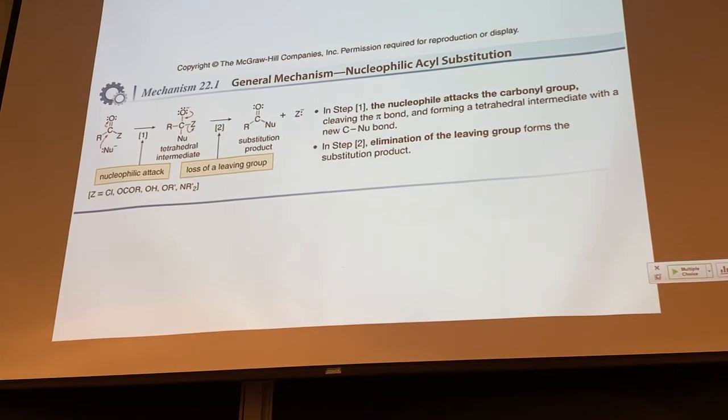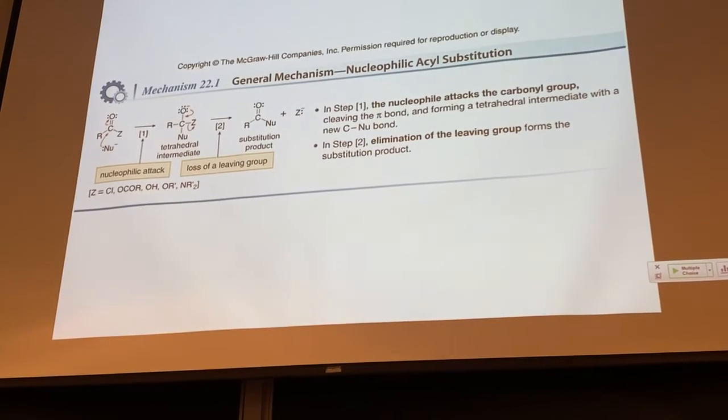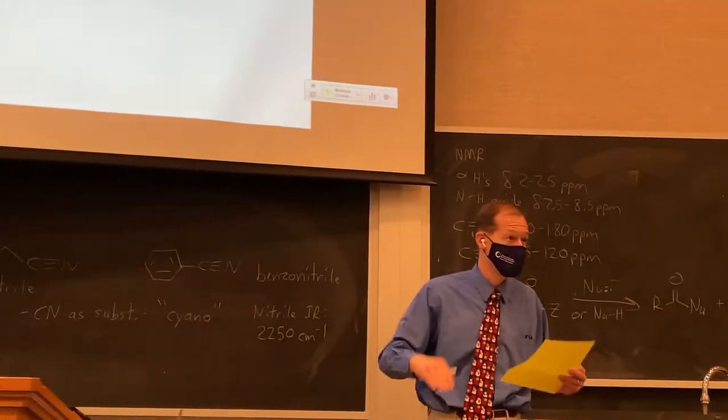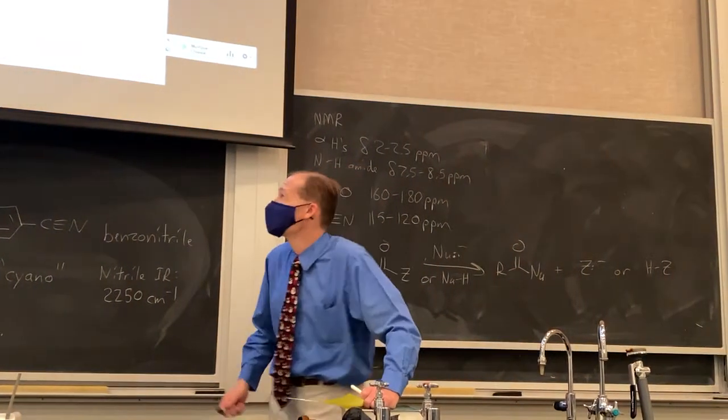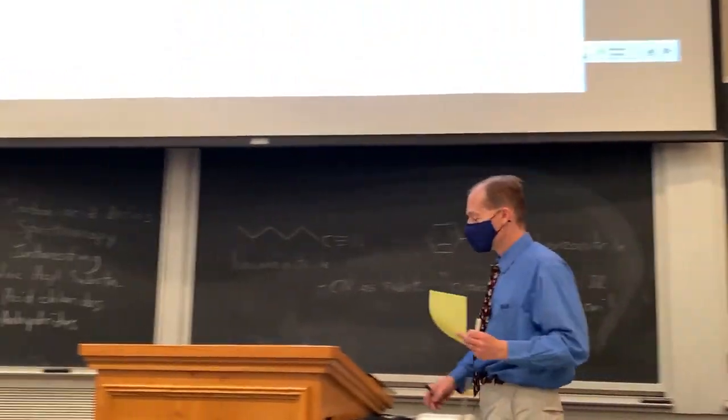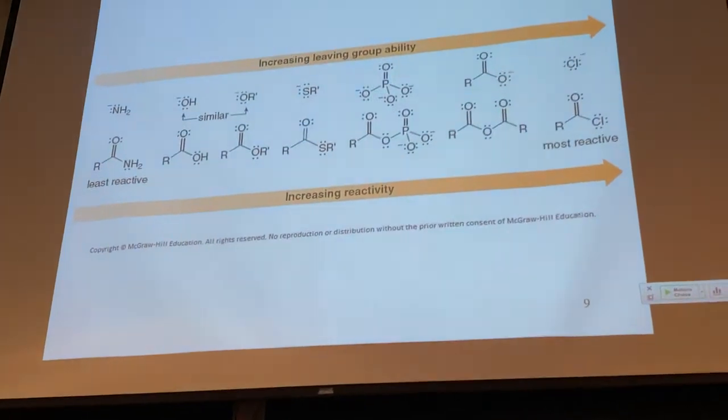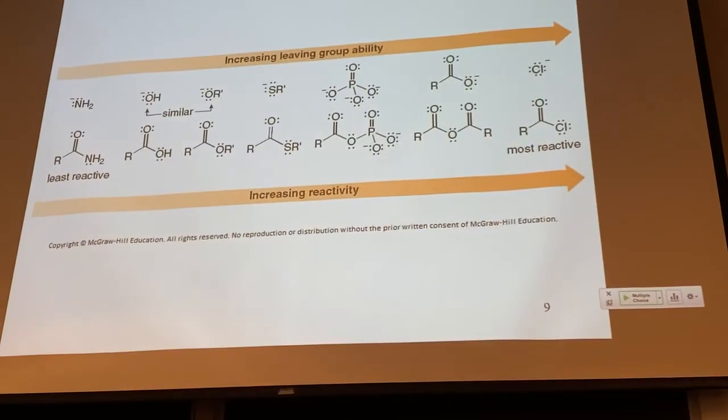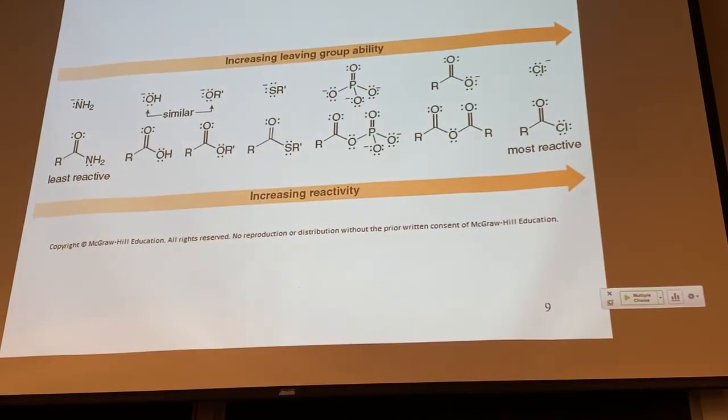So what that means is that we can only convert more reactive carboxylic acid derivatives into less reactive carboxylic acid derivatives. Okay? So if we go back to this chart here, if we have an acid chloride, we already have the best leaving group of all these options on the carbonyl carbon.